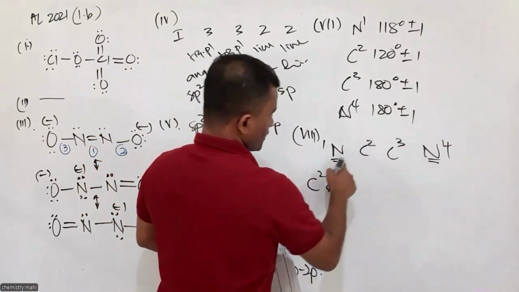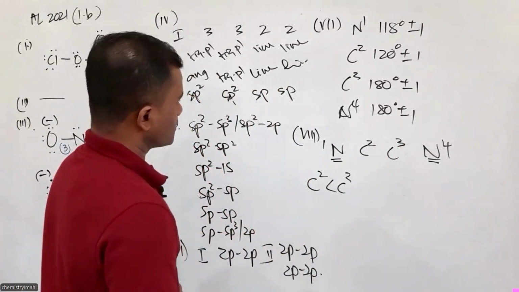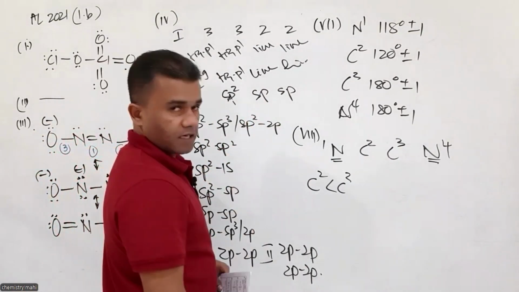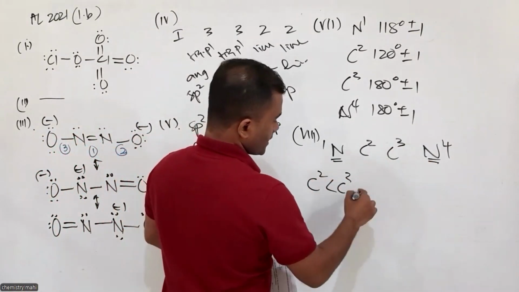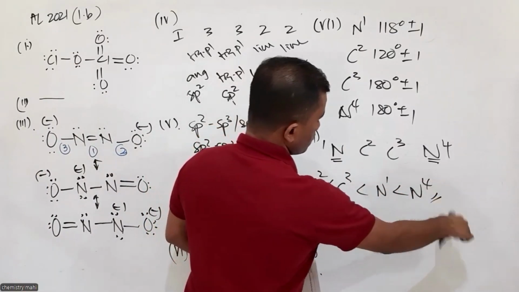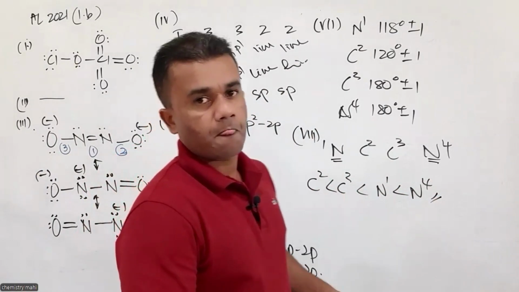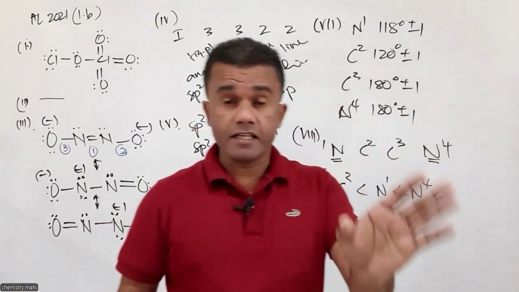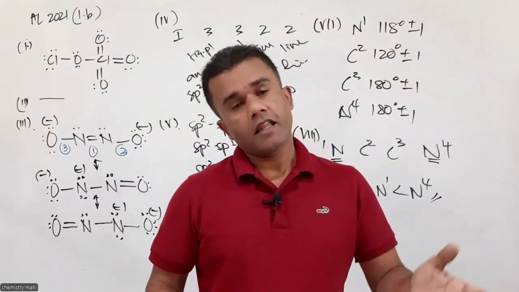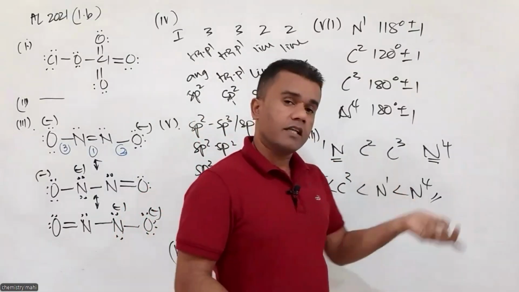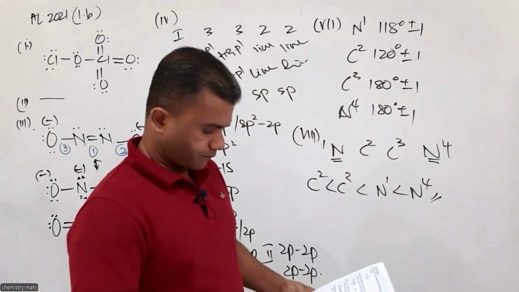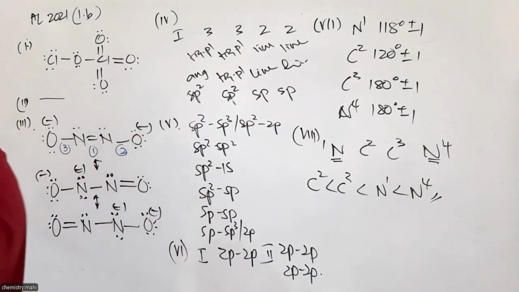For nitrogen, again hybridization: N1 is sp2, N4 is sp. Again, N4 should be greater than N1. So you can have N1 next and finally N4. Got it? First, we have atoms from different elements, then we follow the normal way to find the electronegativities. Thereafter, when you have atoms from the same element, we discuss those 4 factors I explained today. That's the way we get the answer.